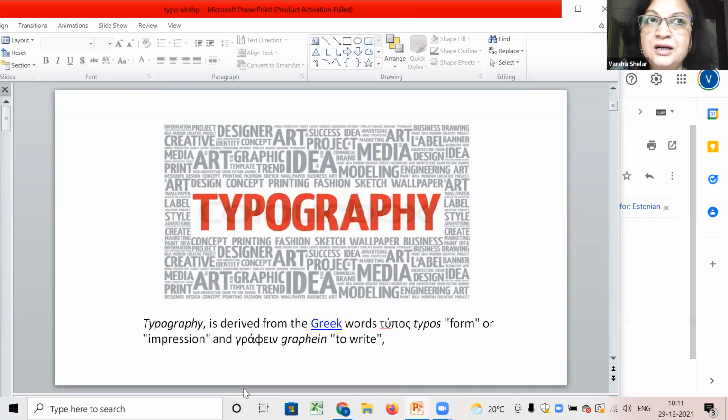All of us are surrounded by words, isn't it? Spoken words, written words. Words are everywhere in our life, an important form of communication. It has become all the more important now in the form of visual communication, because we are dealing so much with visual communication these days, especially your generation.